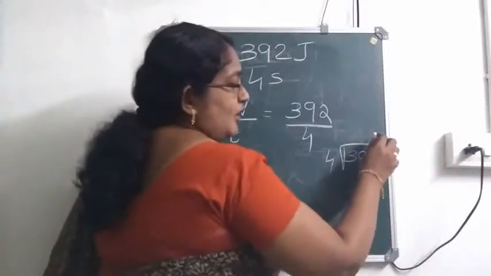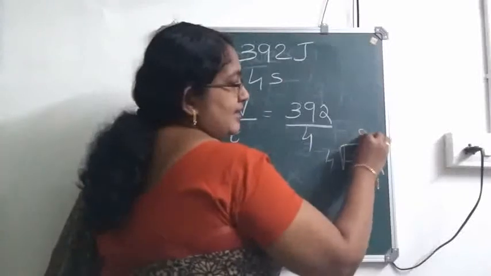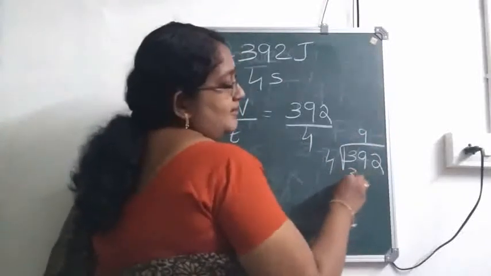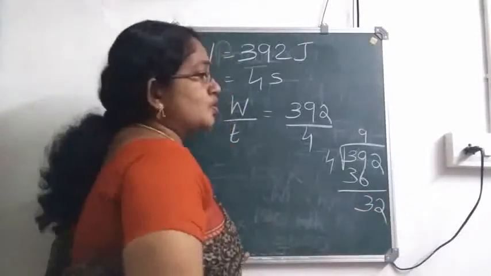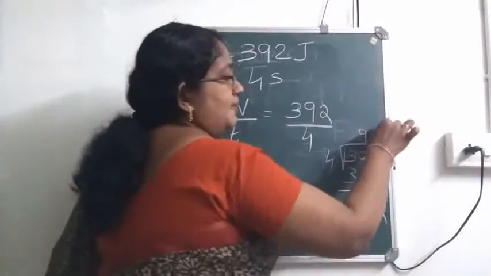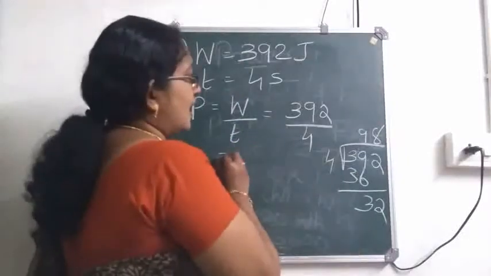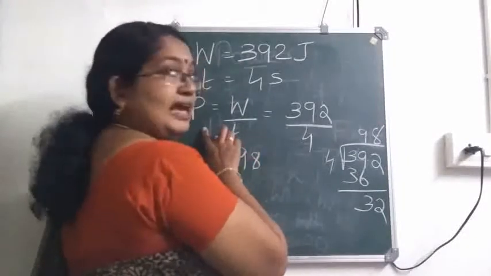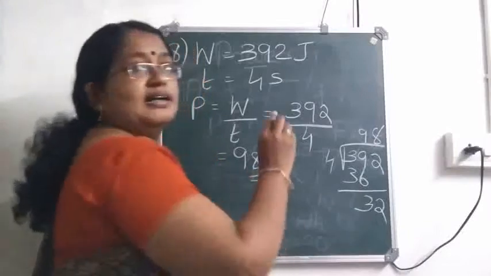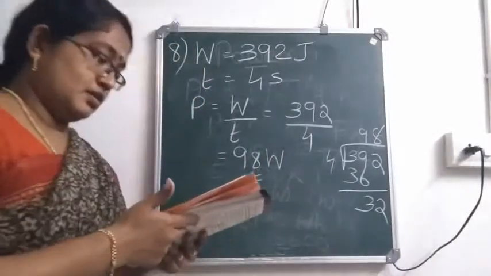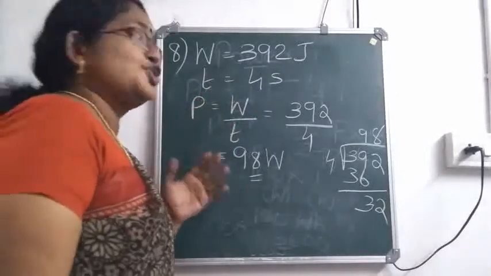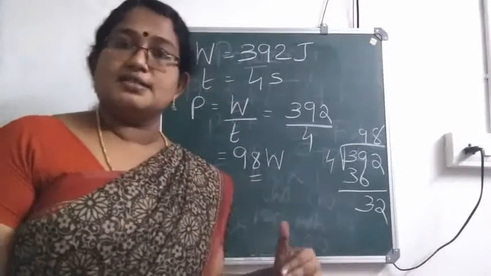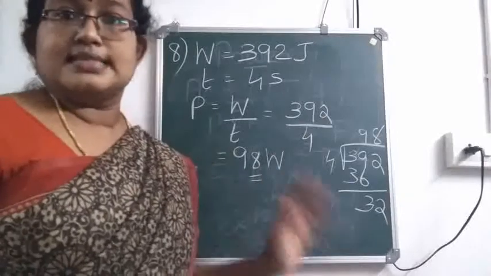Here, how much should I take? 9, isn't it? 9 into 4 is 36, 3, 32, it will be 8. So our answer is 98 watt. Okay. So it's a direct question. Work and time were given. We were asked to calculate the power. Power is equal to work by time.